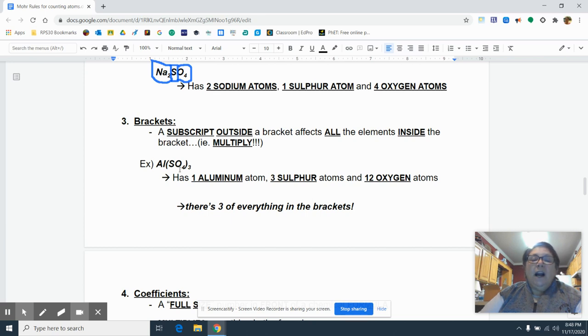I have 4 oxygen atoms times 3. So 4 times 3 is 12 oxygen. And the aluminum is standing by itself, no subscript, so it simply means you have 1 aluminum. So remember, there's 3 of everything in the brackets.